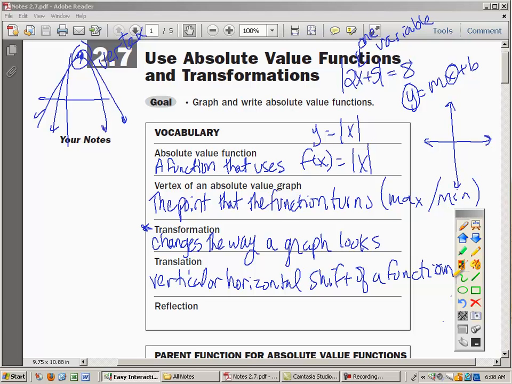A reflection essentially is going to reflect a graph about some line. Typically when we talk about absolute value graphs, we reflect them across the x-axis, and you'll see there's some symmetry involved that already reflects them somewhat across the y-axis. But a reflection is simply something that mirrors or flips a function's graph.